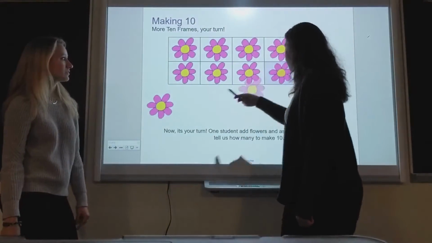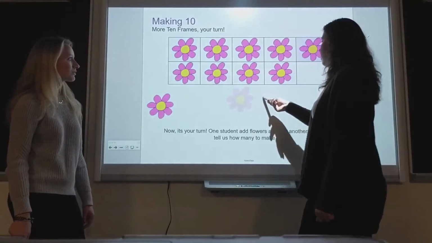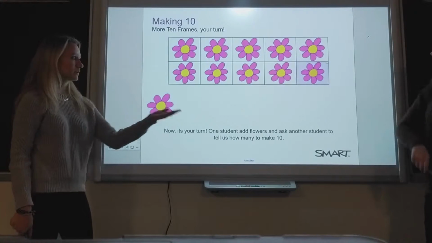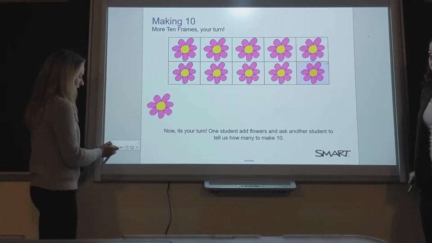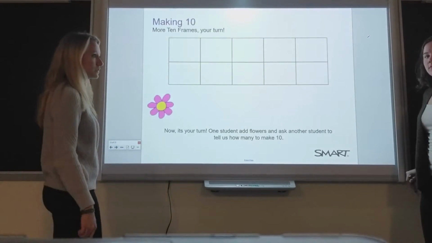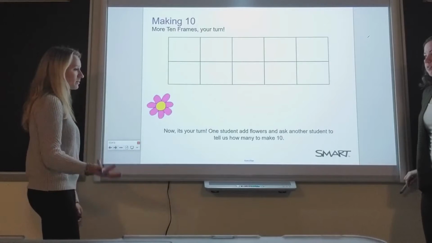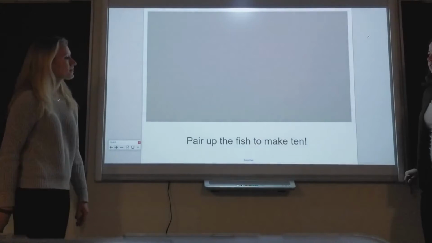This is turning it into a little bit more of an interactive game, and I think a lot of kids would have a lot more fun with it because they're doing it with a partner and they're coming up with how many flowers are originally in the box. We would have them do it again with a new group of 2 students. So we're getting more people involved, more interactive activities.